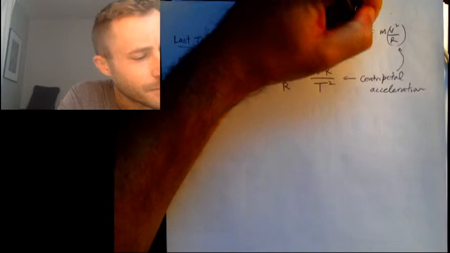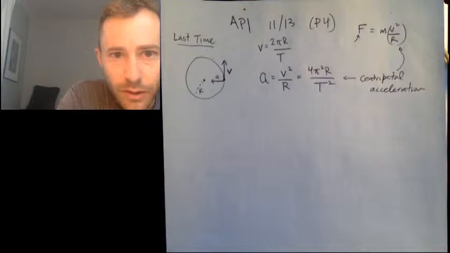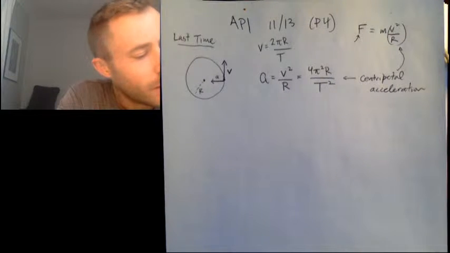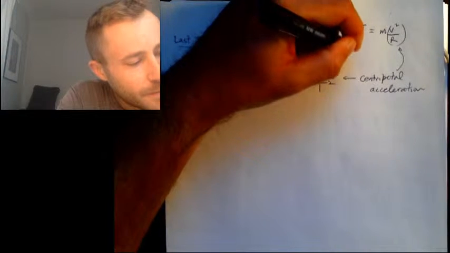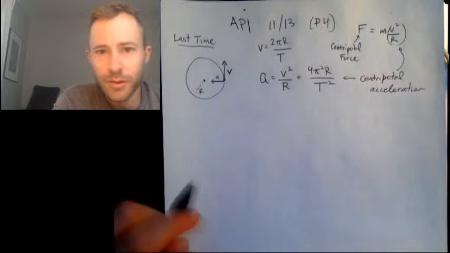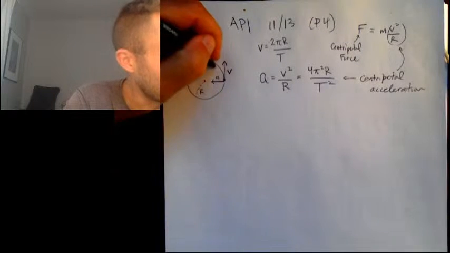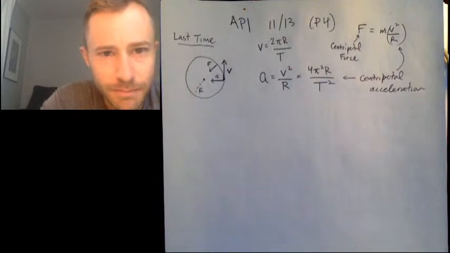And the force that is making you move in a circle is called the centripetal force. And just like the centripetal acceleration, the centripetal force also points in towards the center of the circle.